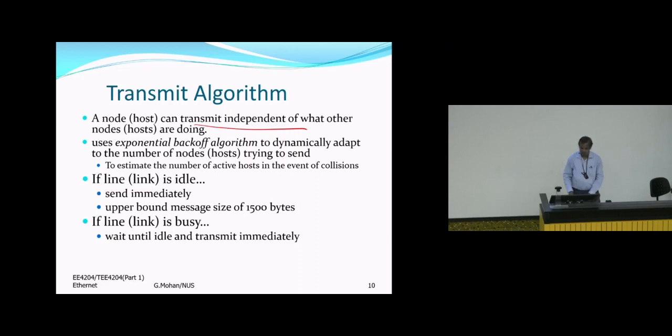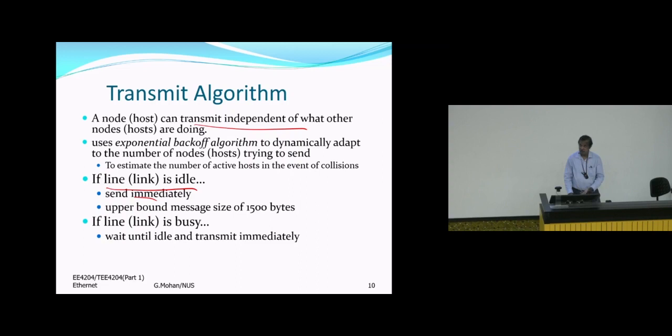Instead, what it does is sense the line. Line means link, okay? It senses the cable. It checks whether there is any transmission close by. If it finds that some bits, some signals are flowing through this, then it will not transmit. If it finds that the link is idle, then it will send the frame immediately.